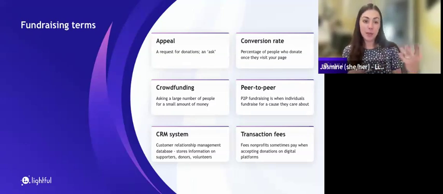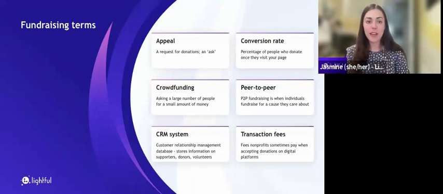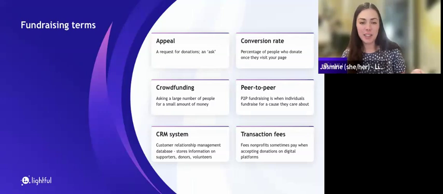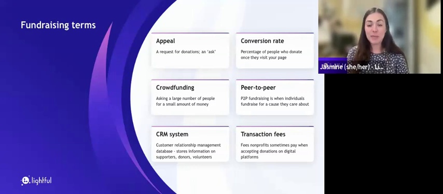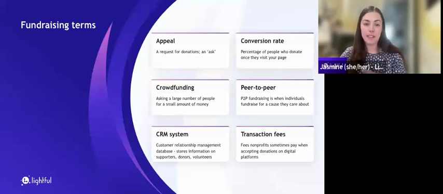That's where they've set up their own page on a fundraising platform and raise money on your behalf. They're particularly popular in the UK and the US for community events, so runs, swims, cycles, bake sales, anything like that really. It's really easy for individuals to set up their own donation page through various third-party tools, and a great way to get your supporters really engaged.